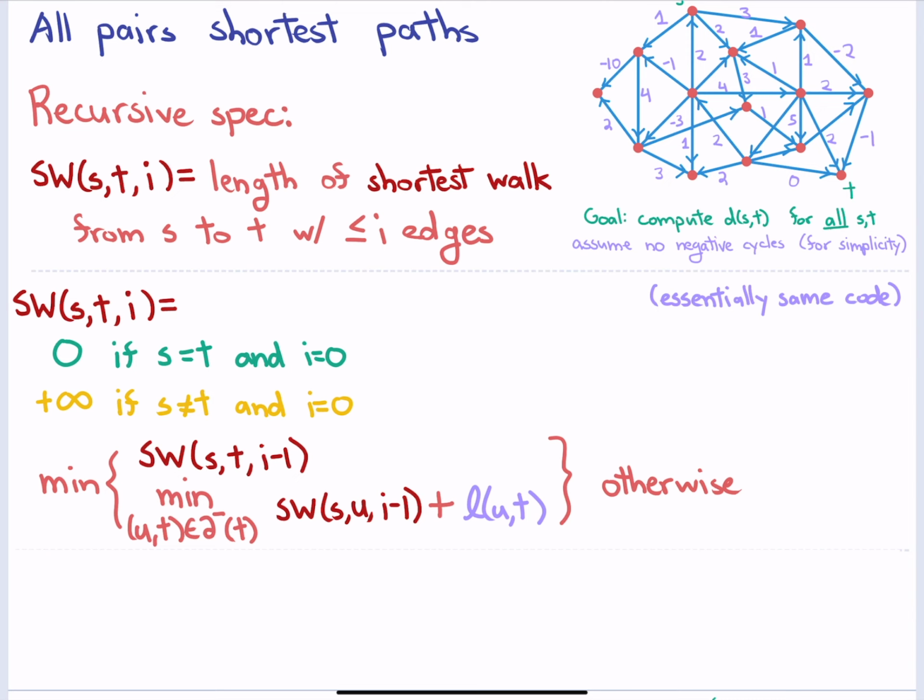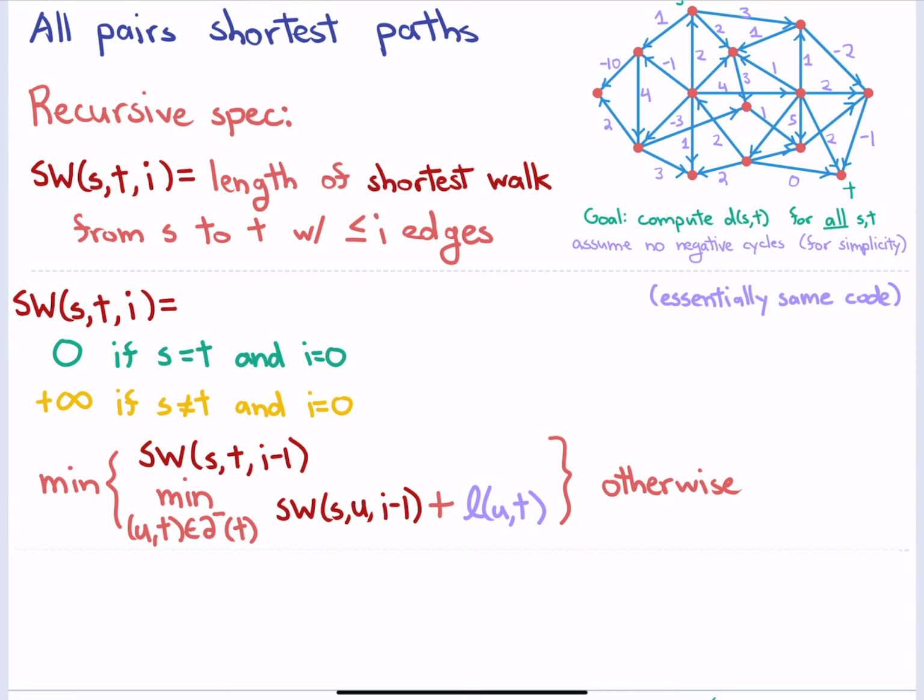One's not as efficient as the other. One is, okay, we just need to go from 1 to n because we know that paths are enough, so i equals n suffices. So n choices for s, n choices for t, n choices for i. And then each subproblem loops over a bunch of edges. There could be n edges, that gives you like n to the fourth, right? But we did something more clever last time.